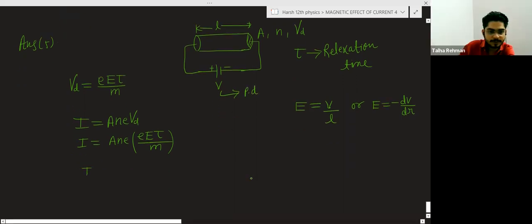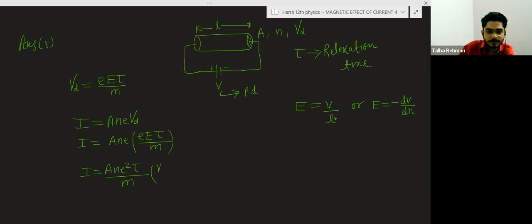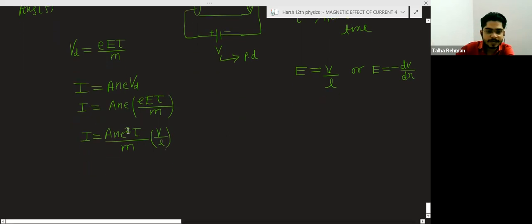So we will put the value. This will become A N E square tau divided by M, and the electric field will become V divided by L. Now take this V to this side.